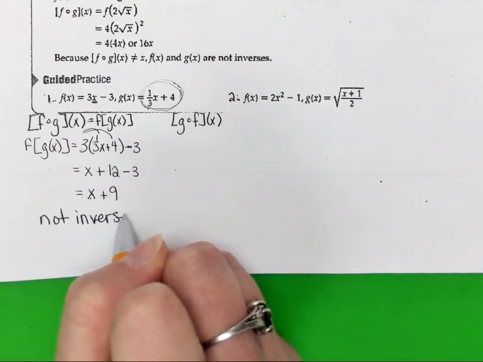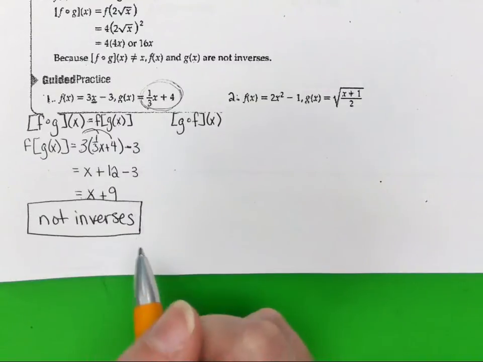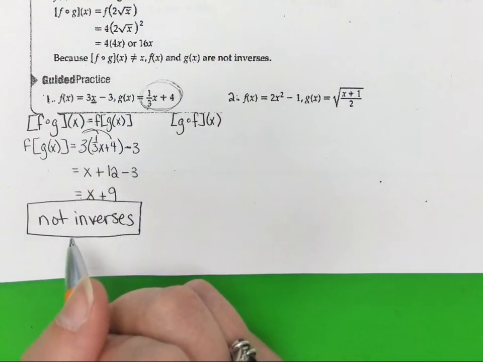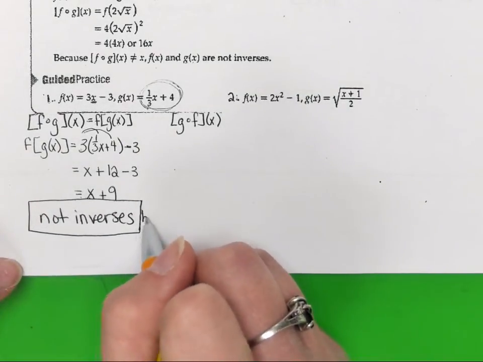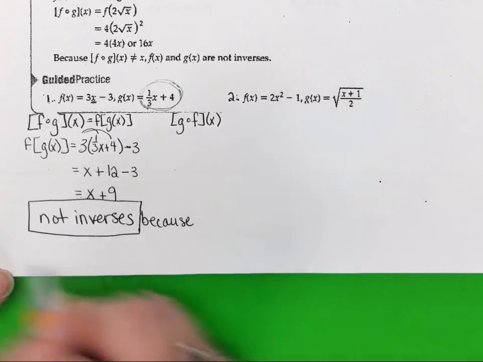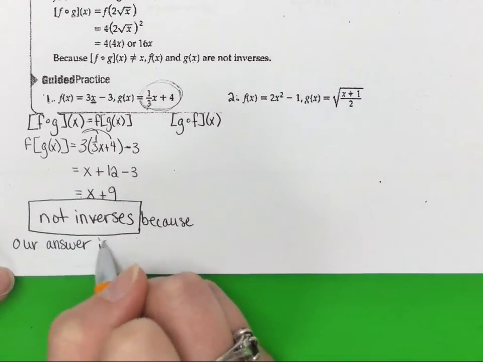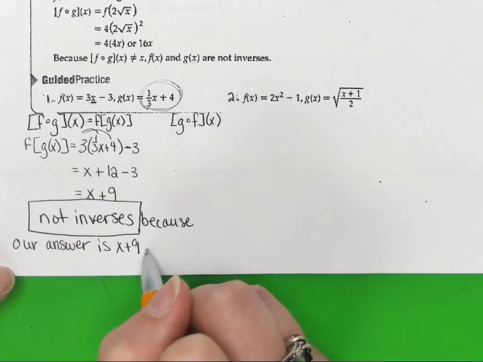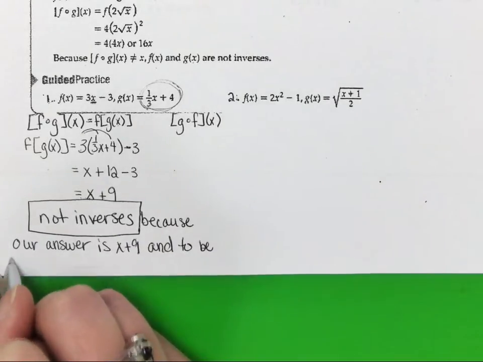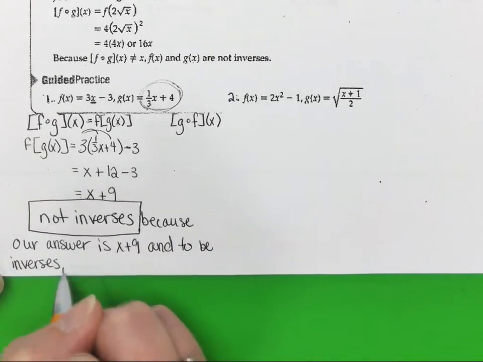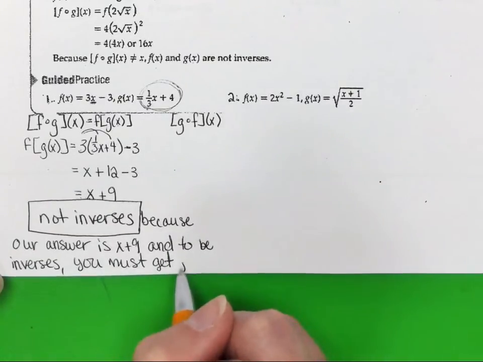You may want to make yourself a note. Since you didn't get just x, and it even says explain, we're going to say not inverses because our answer is x plus 9, and to be inverses, you must get just x.